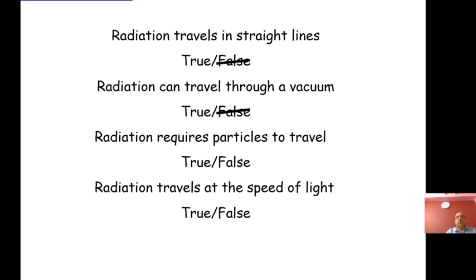Does radiation require particles to travel? No, radiation does not require any particles. So the statement is false. And the last one is: radiation travels at the speed of light? Yes, every radiation travels with the speed of light. So the statement is true.